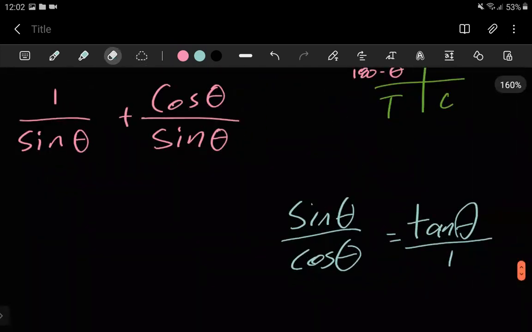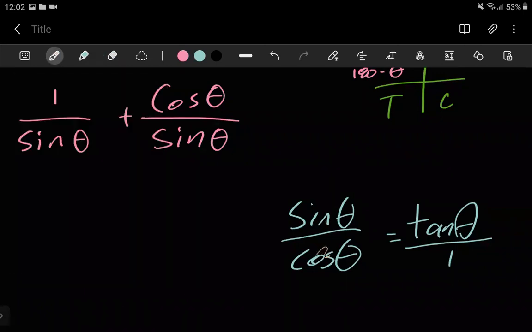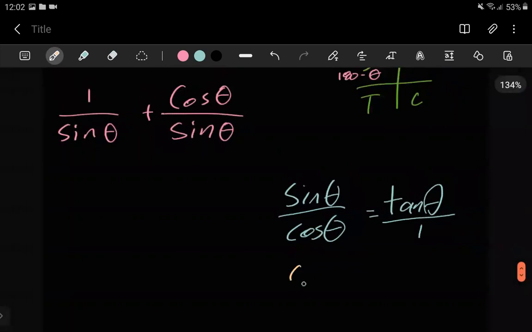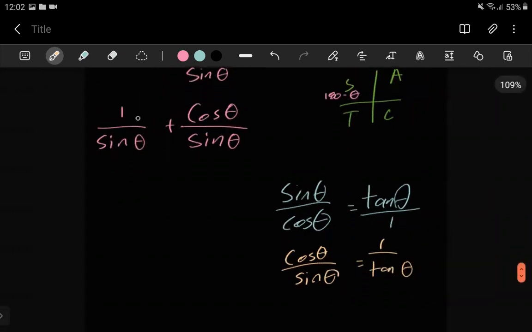So what you want to remember is, if this thing here is flipped over, if you have cos at the top and the sine at the bottom, this means that tan theta also gets flipped over, 1 over tan theta. That's what you can also remember. So this one, we know nothing is going to happen there. But whenever you see cos over sine, you can write it as 1 over tan.